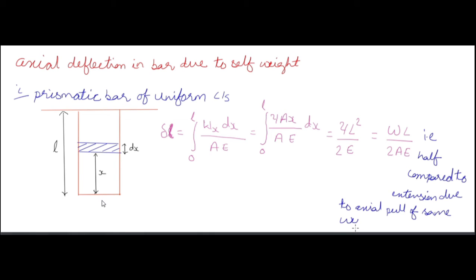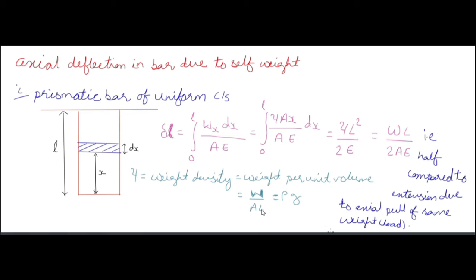So it is equal to half of that computed for the extension due to axial pull of the same weight. So gamma, the weight density or weight per unit volume, is equal to W by AL is equal to rho into g. Rho is the density, g is the gravity, 9.81 meter per second square. A is the area of cross section, L is the total length of the bar, and W is the weight, mg.